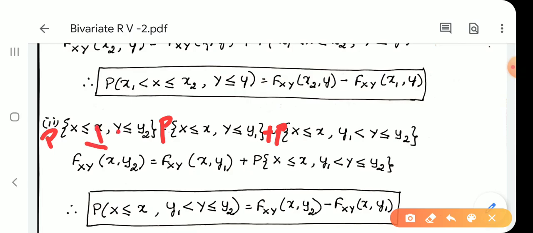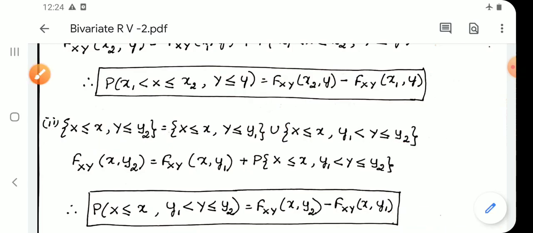So this is nothing but the definition of F_XY of x comma y2. This is the definition for F_XY of x comma y1, plus the last term we will write as it is.